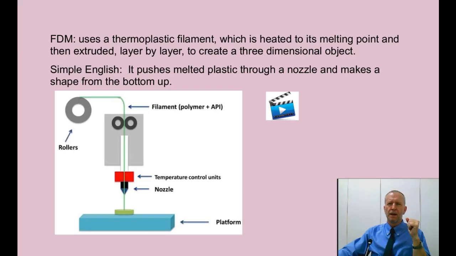Okay? Here's your nozzle. Here is your filament. Filament is just another word for thread, string. And that's a spool. It's a spool that's actually on rollers, but it is a spool of plastic string or threads.